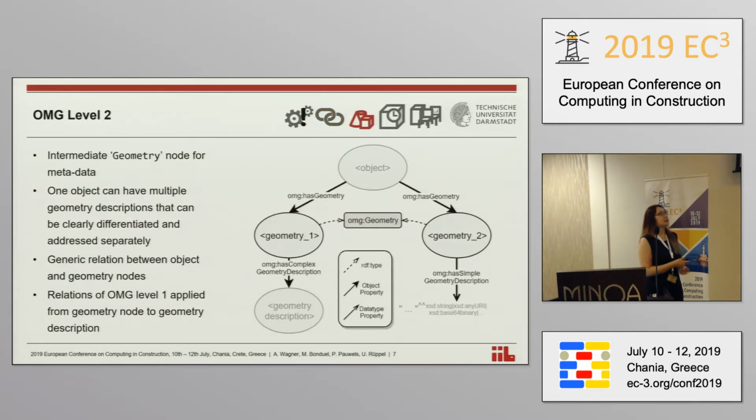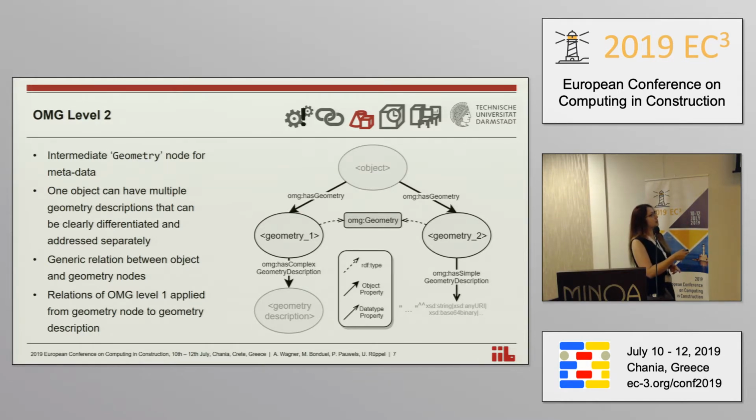And then on the second level, it's basically the same as the first level, except there are these nodes in between, geometry 1 and geometry 2, which are of type geometry. And here you can add metadata. For example, saying this is my bounding box and this is my detailed description. And this metadata you can, of course, also add this geometry context tag to it.